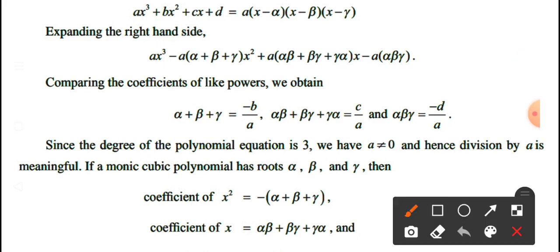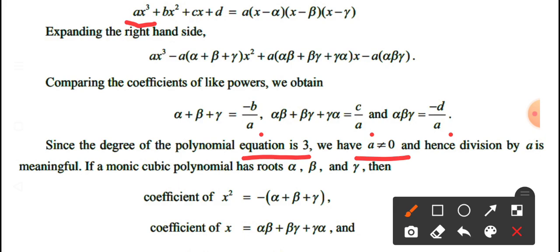Now, since the degree of the polynomial equation is 3, we have A is not equal to 0. Why do we say this? Because in the denominator, sum of the roots is minus B by A, sum of the product of two roots is C by A, product of the three roots is minus D by A. In all three terms in the denominator, we have A. So, we say A is not equal to 0 because this is a cubic equation.